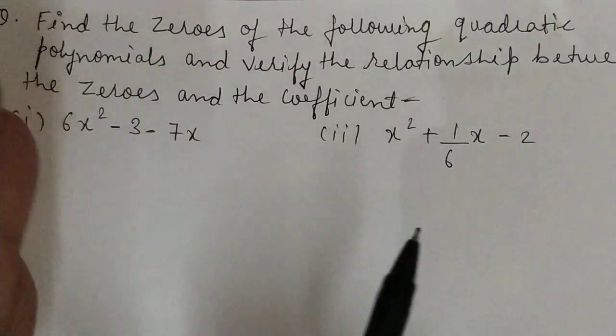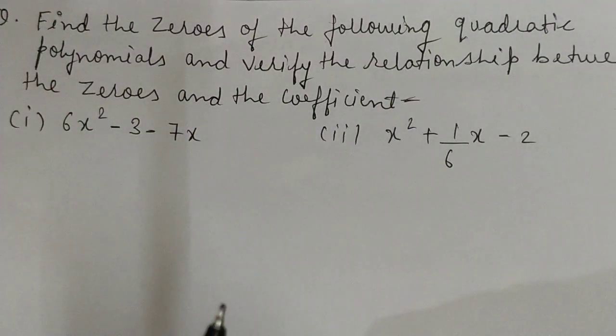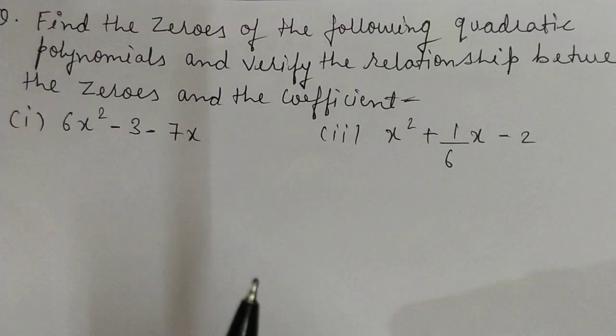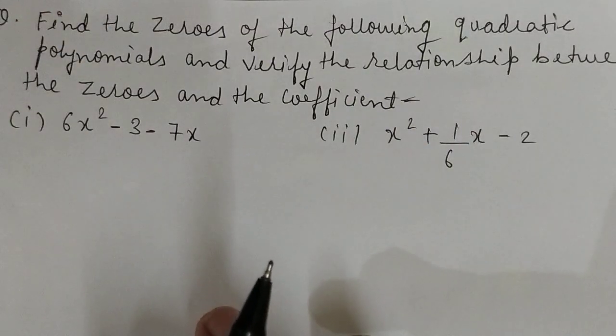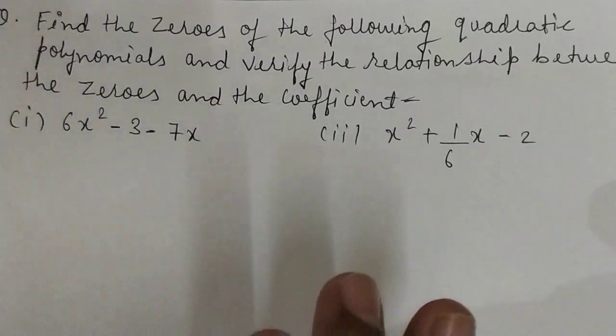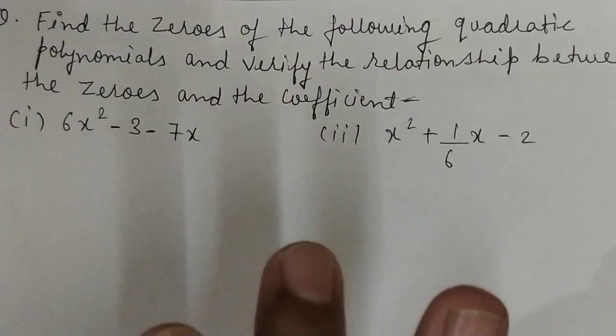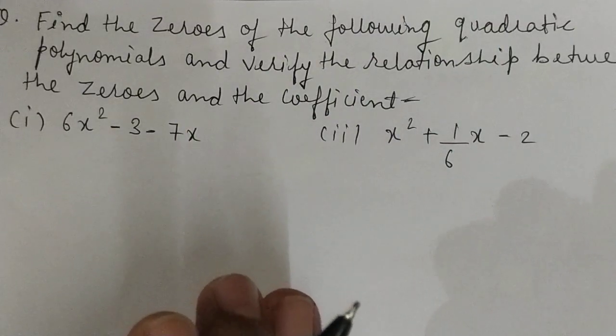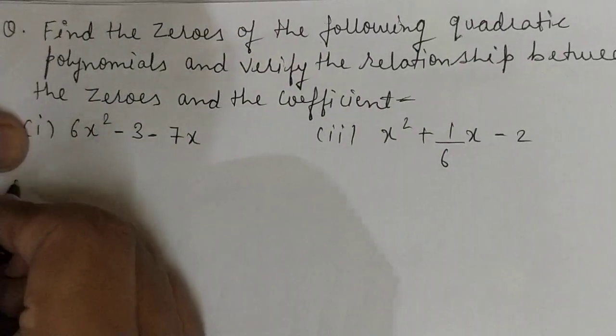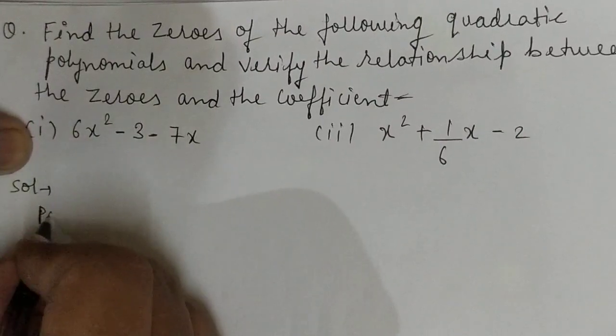You have to apply the formula alpha plus beta is minus b by a and alpha into beta is equal to c by a. By actually adding and multiplying you have to check whether the result by the formula and by actual multiplication comes the same or not. So for the first question I am taking p of x.